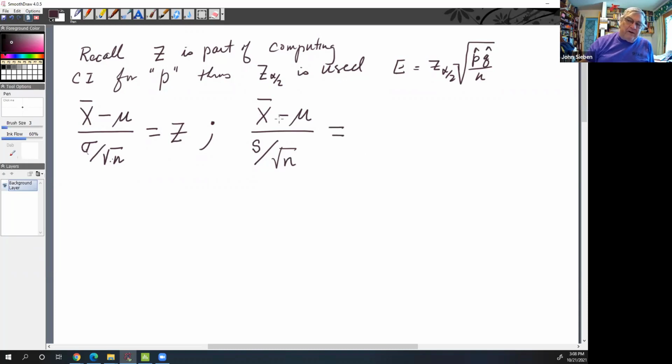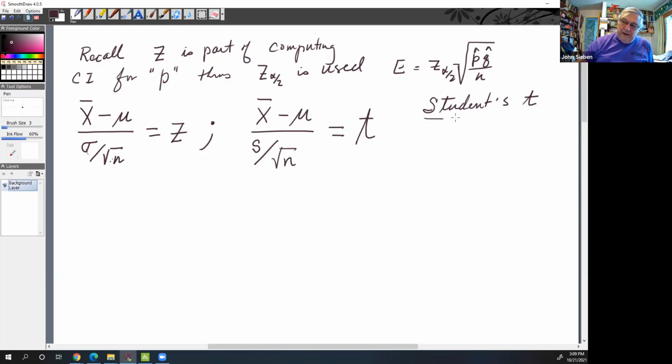And the price is this statistic is no longer distributed Z. This statistic now has got a brand new name, and it's called a T statistic. Sometimes that should be written as Student's T.